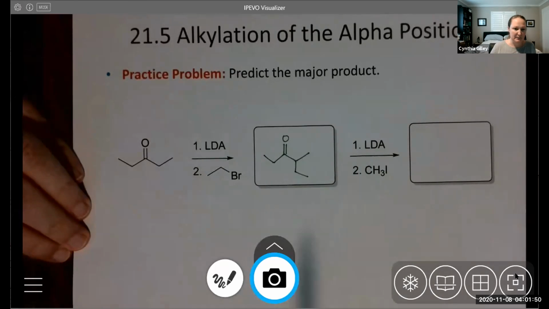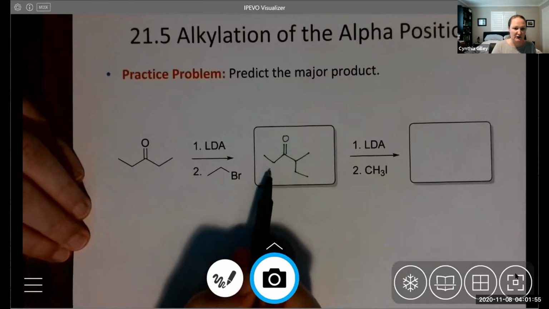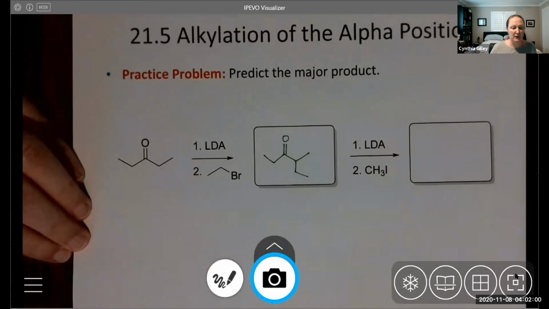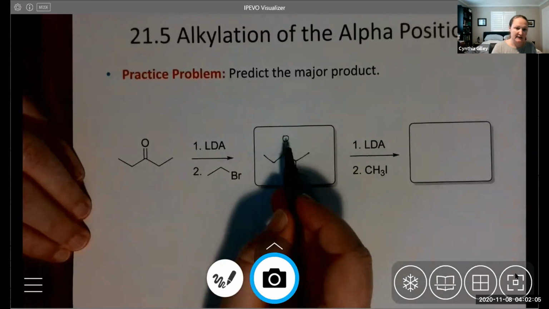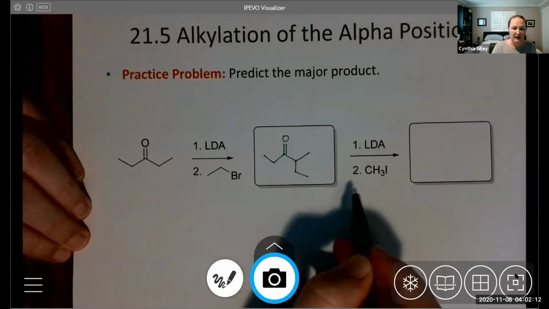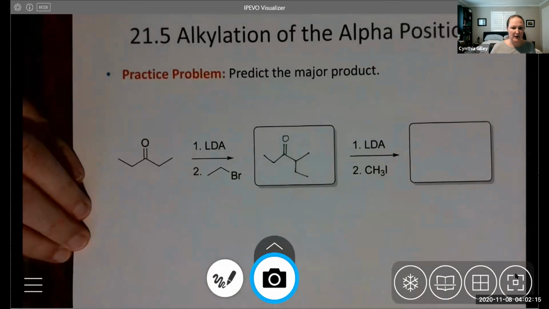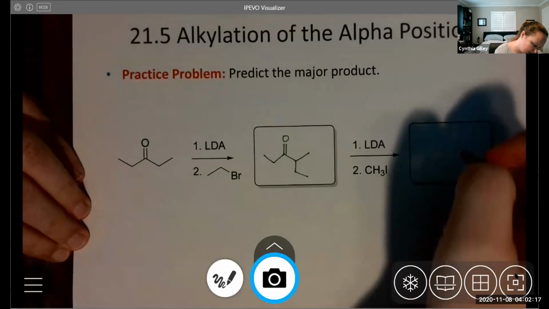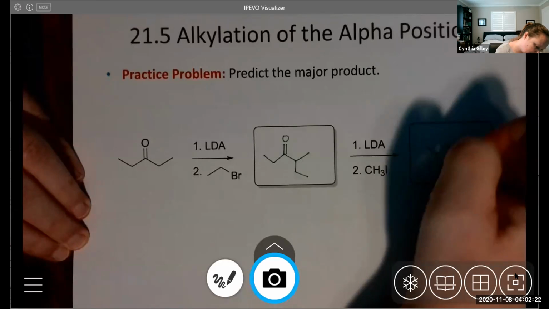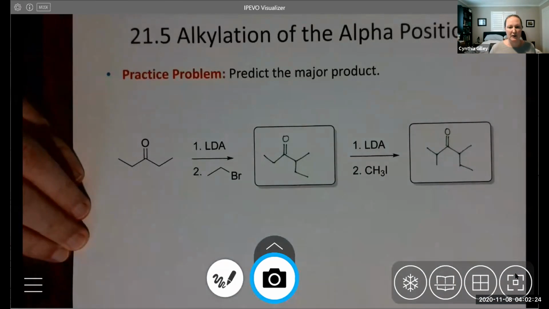Recall that because it's bulky, it will be able to access the less sterically hindered hydrogens on the left through a lower energy transition state. So we're going to form the less stable kinetic enolate, where the anion and negative charge are on this alpha carbon, and then do an alkylation reaction where we add a methyl group on that carbon. This one, it is important that you add that methyl group to the alpha carbon on the left.